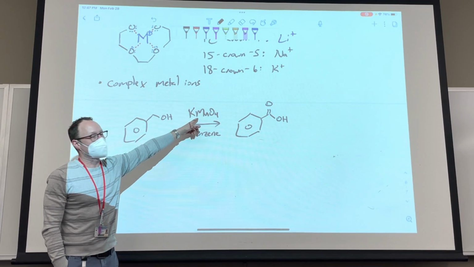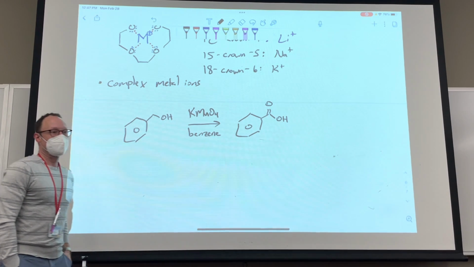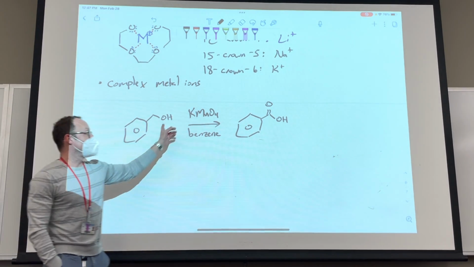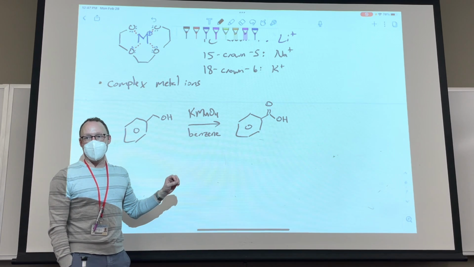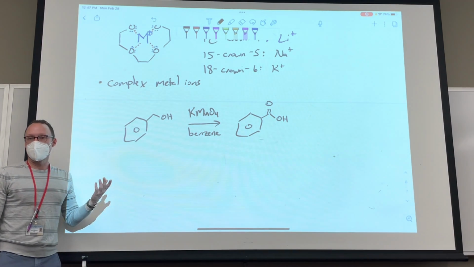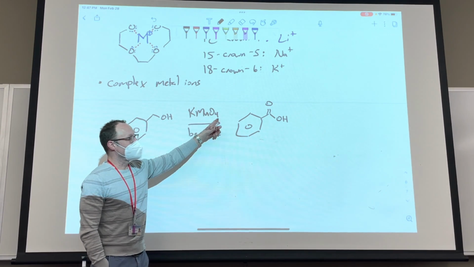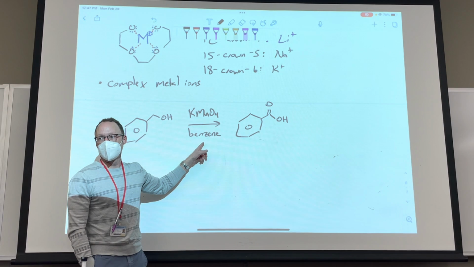How well do you think a salt is going to dissolve in benzene? Not at all, right? An ionic compound you can think of as just a very, very extreme kind of polar. So you're talking about a very polar solute in a non-polar solvent.